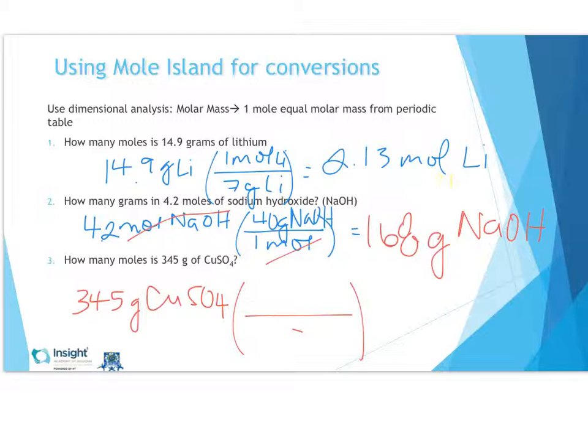And I get 160 grams of CuSO4 and 1 mole. So I do 345 divided by 160 and I get 2.16 moles CuSO4.